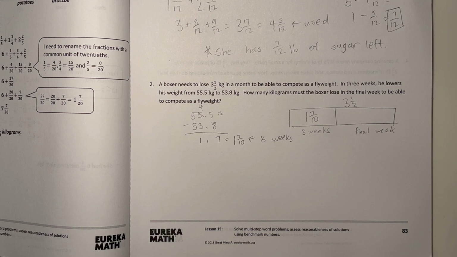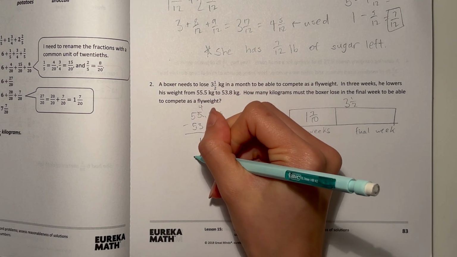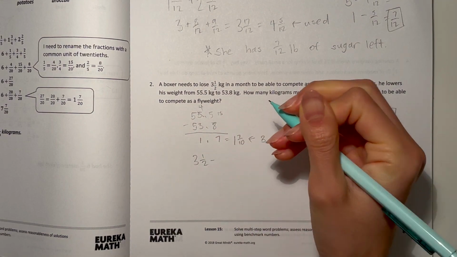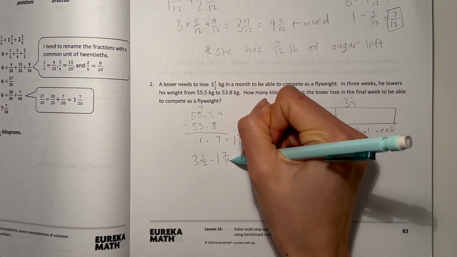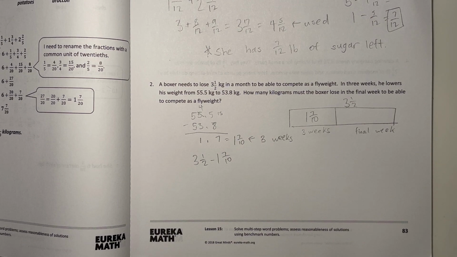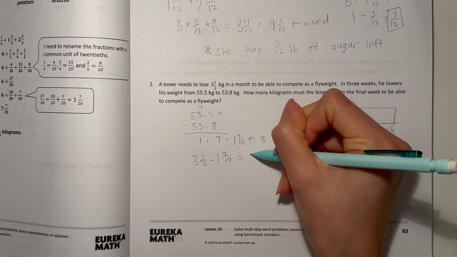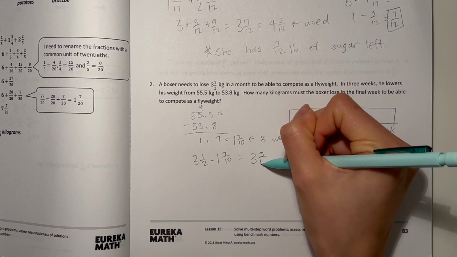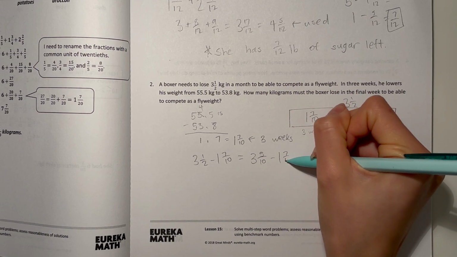Now we can do 3 1/2 minus 1 7/10 to find out how much he must lose in the final week. We can convert 3 1/2 by multiplying by 5 to get 3 5/10 minus 1 7/10.